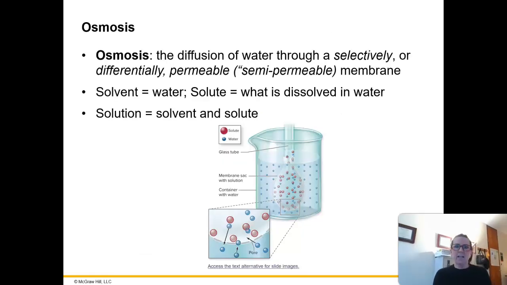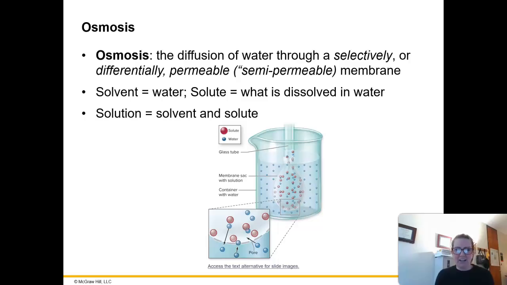So osmosis is diffusion of water, and we usually describe it as the diffusion of water. Think high concentration to low concentration, but through a selectively or semi-permeable membrane. So let's take a look at this for our last topic in this first video. If you take a look at the beaker, you're going to see that there looks like there's a pipette with some kind of balloon on it, and that balloon is this special semi-permeable membrane.